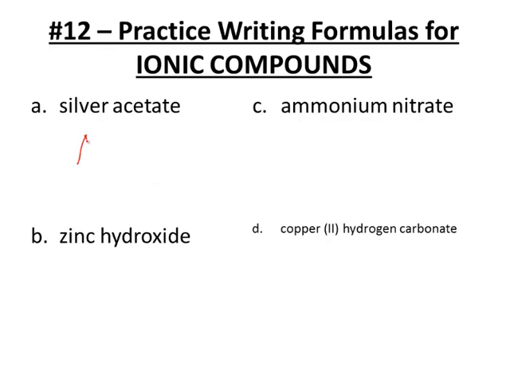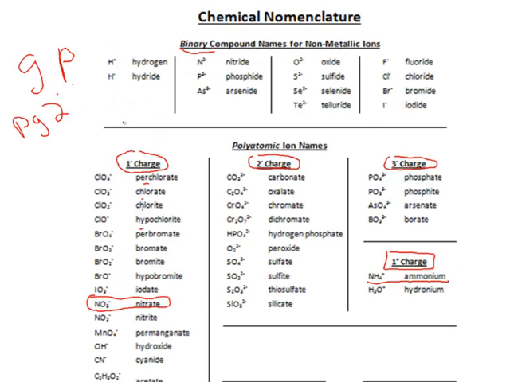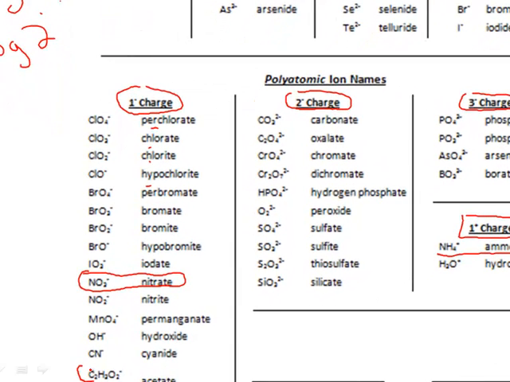So let's try a few of these out. Silver. Oh, drawing a line first. We have our plus, and then we have our polyatomic minus part. Silver always is going to be plus. Acetate, if we were to look back, let's see, did it make my list? Acetate's down at the very bottom. It got partially cut off: C2H3O2. But your gold packet will have that.